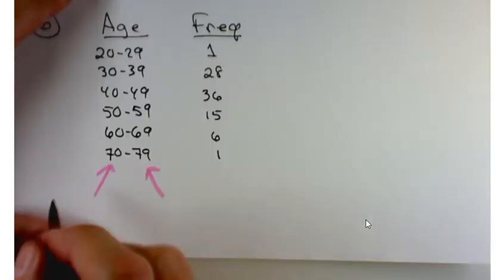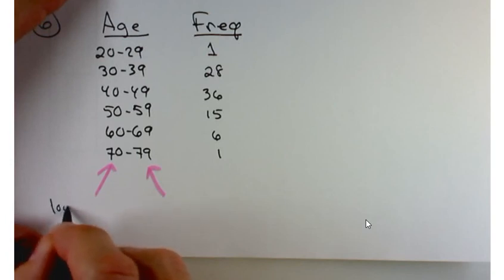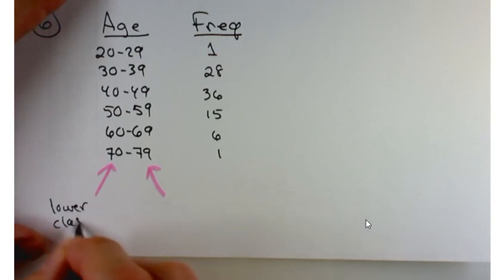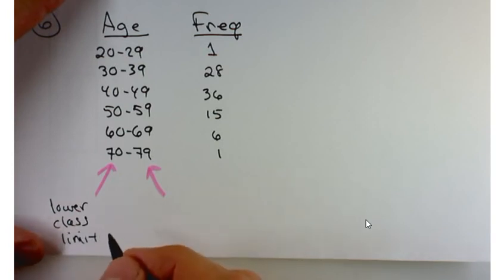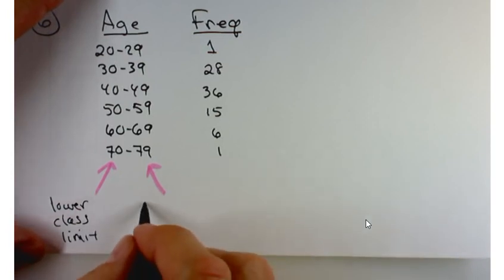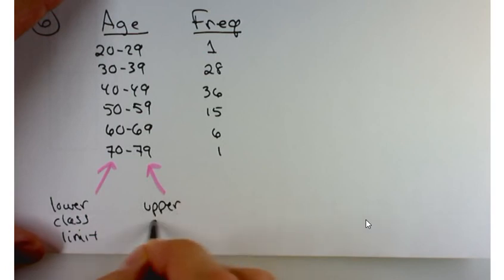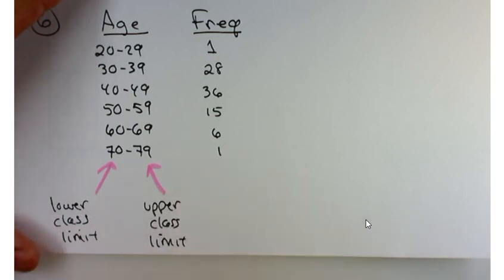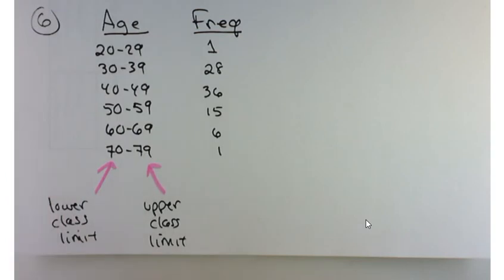So lower class limit and upper class limit. And within each class, you're going to have a class width. So let's do that here, class width.